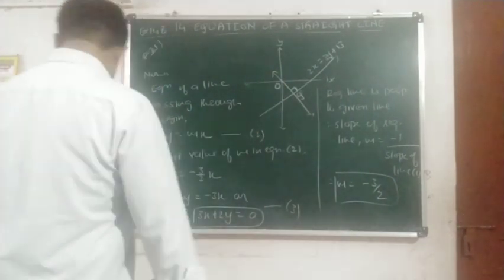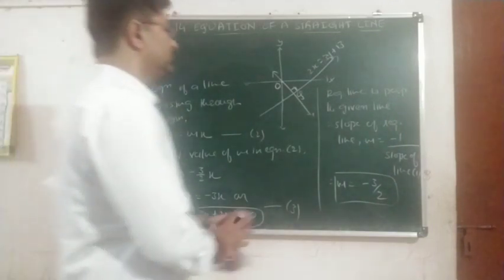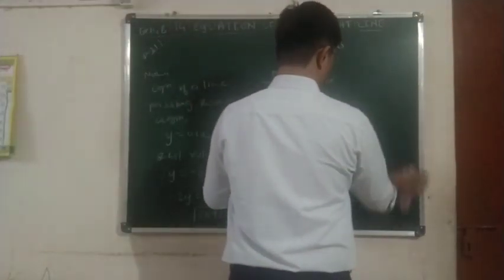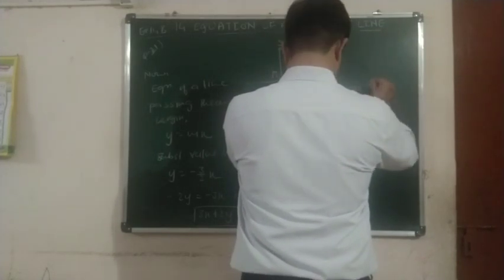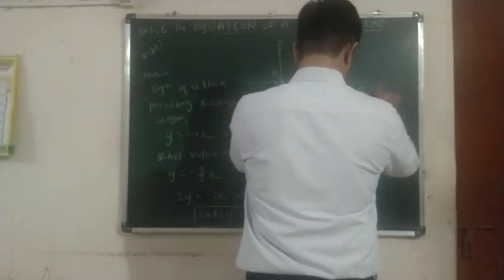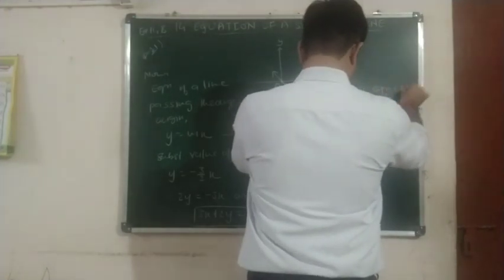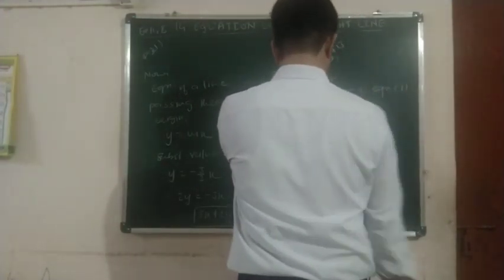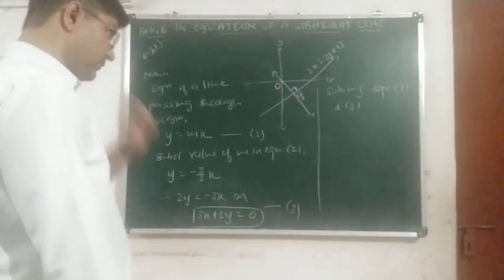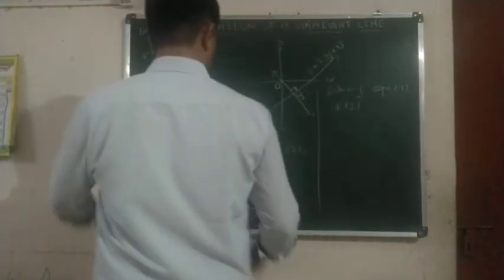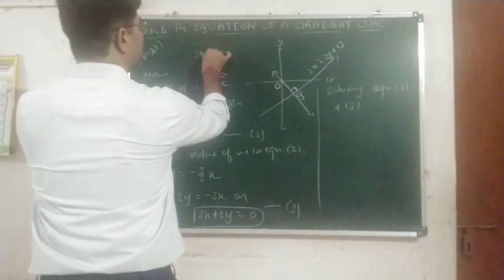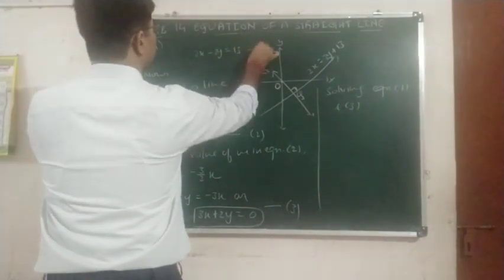Clear? So now let us solve. Now solving equations 1 and 3. Equation 1 was 2x minus 3y is equal to 13, and this is 3x plus 2y equals 0.